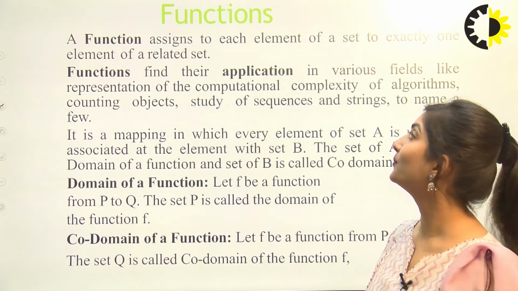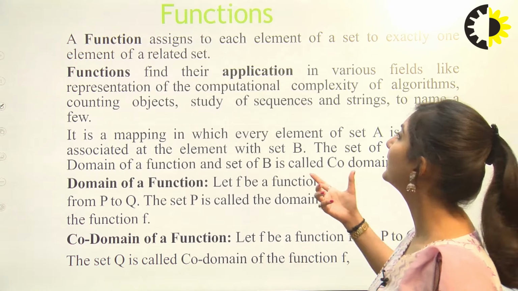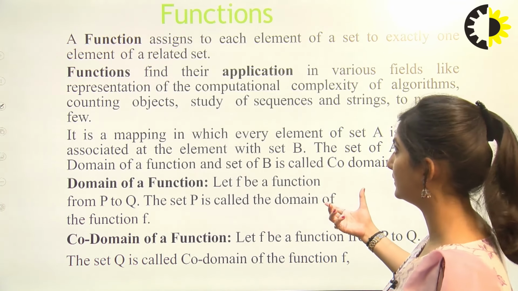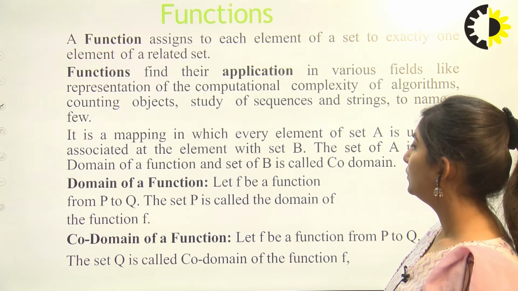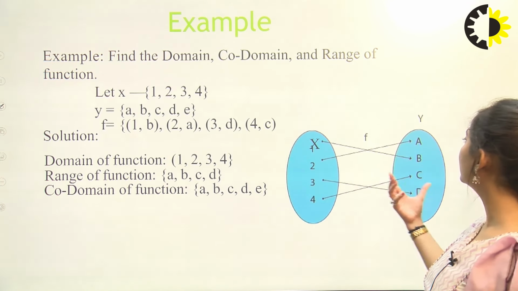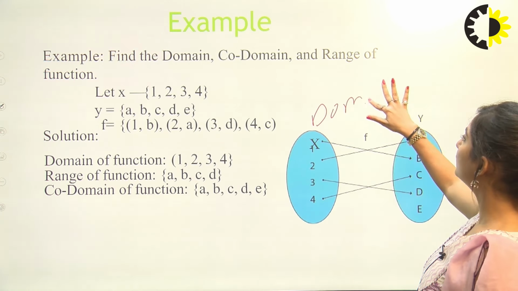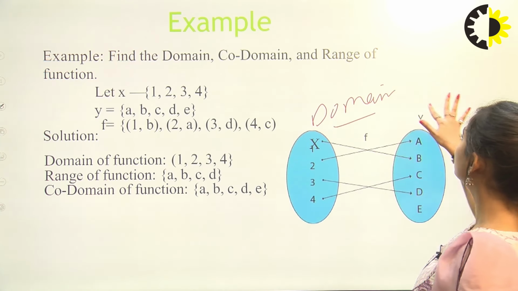Next is function. So function assigns to each element of a set exactly one element of a related set. Domain and codomain. Let's understand here again, like I told you, this is domain, the first part of the set, and the second is range.